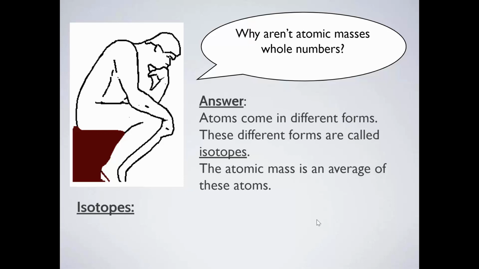Yes. Could it have 145? Yes. So the number of neutrons in an atom can vary. We call these atoms that have a different number of neutrons than usual isotopes. So an isotope is an atom that's the same element, but it has a different number of neutrons.